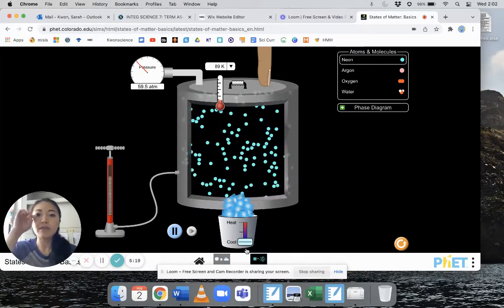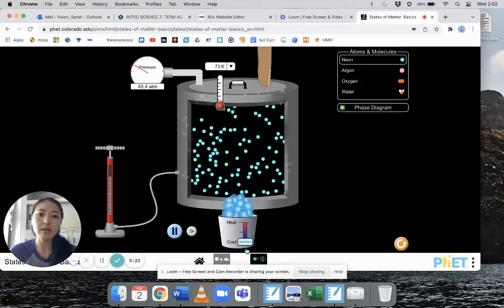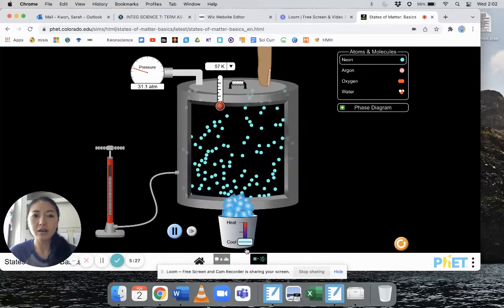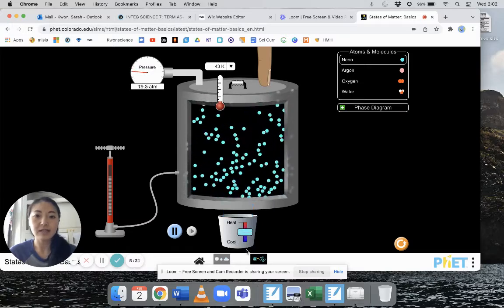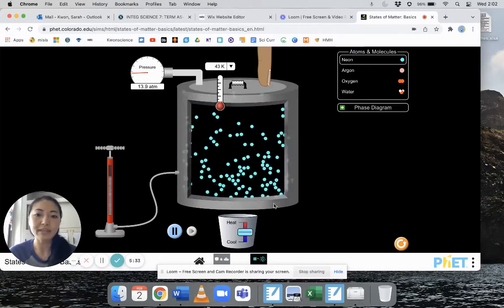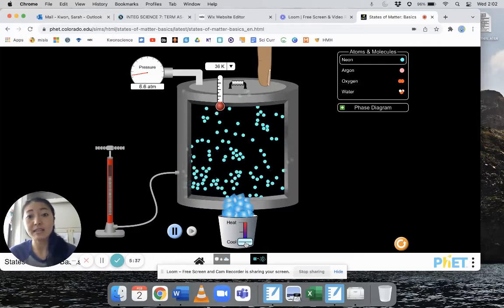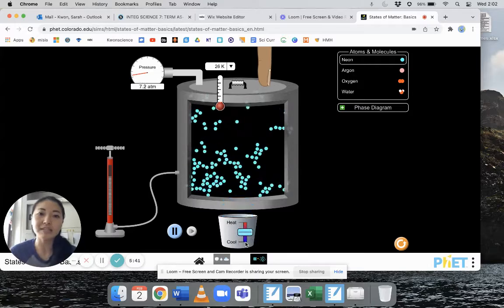Okay, if you have ever stepped out on a cold, cold morning, and you look at your grass or you look at your car, if you're about to get in your car, or you look at anything that was outside overnight, it may be wet. There might be morning dew on the grass. And that's because this happened, this phase change, condensation.